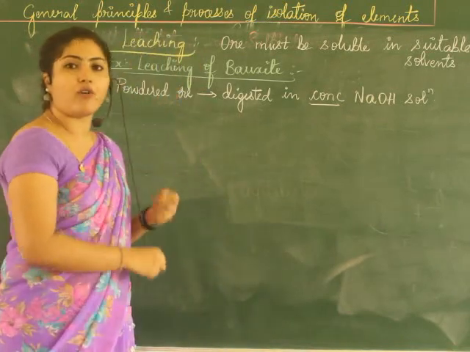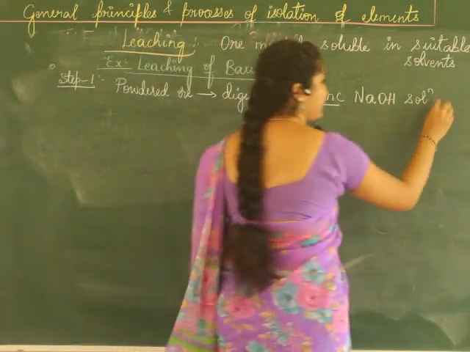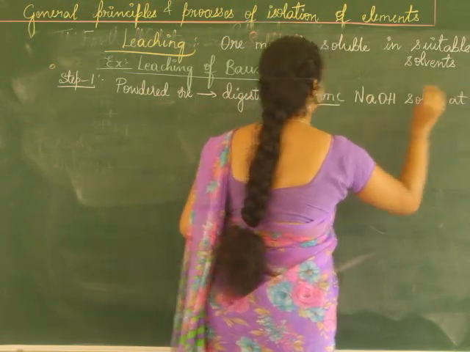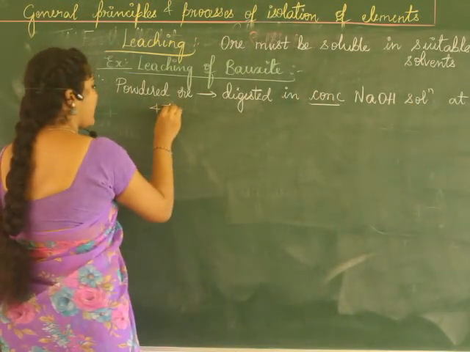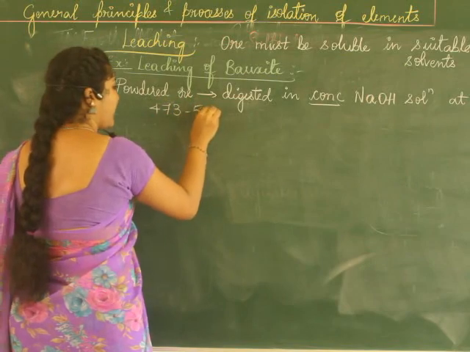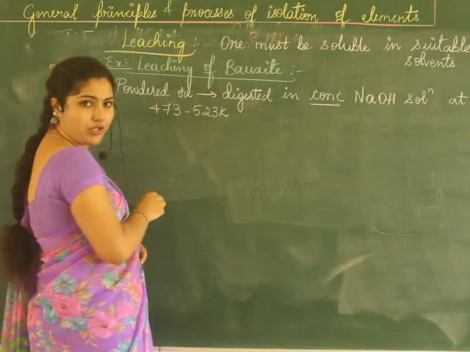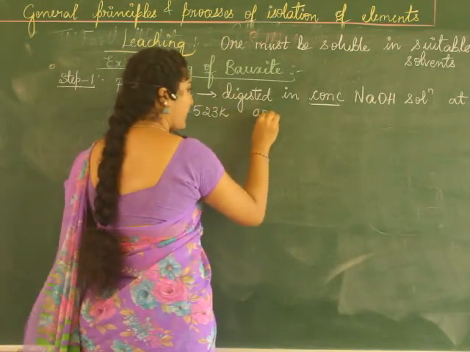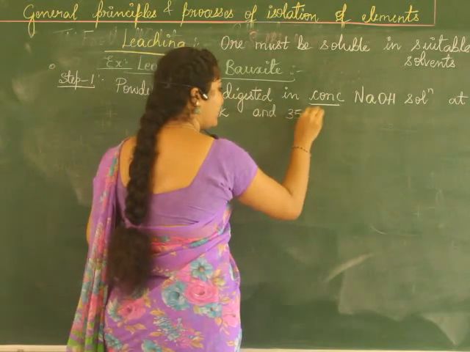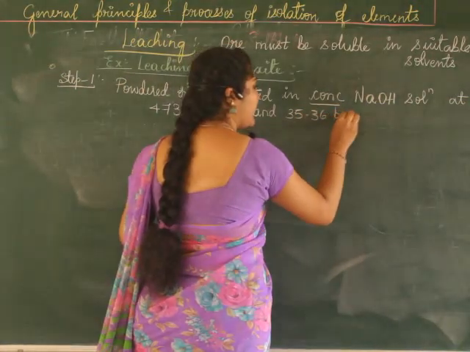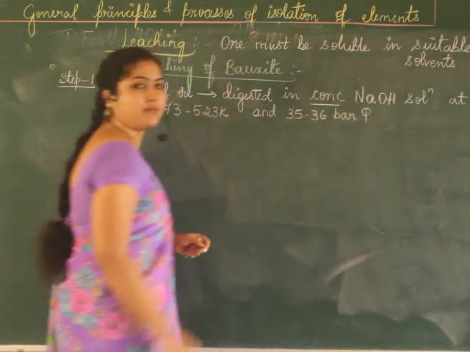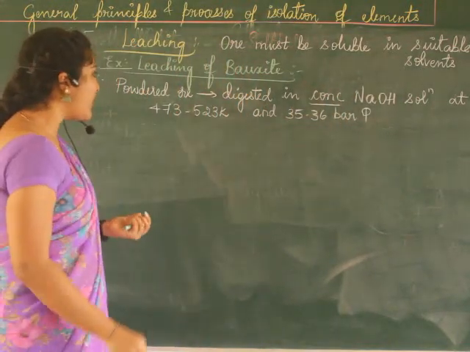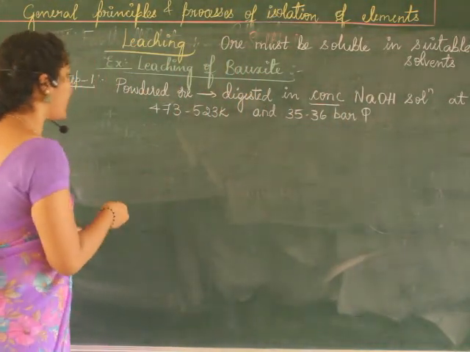Now here we have to follow the condition at 473 to 523 Kelvin temperature and 35 to 36 bar pressure. These are the conditions. Now let us see how the equation goes.